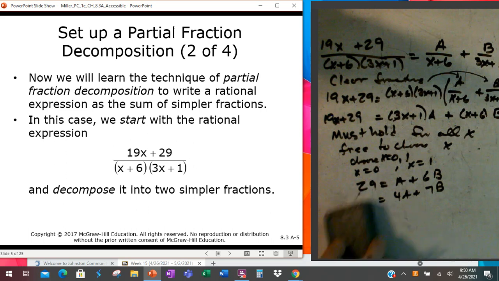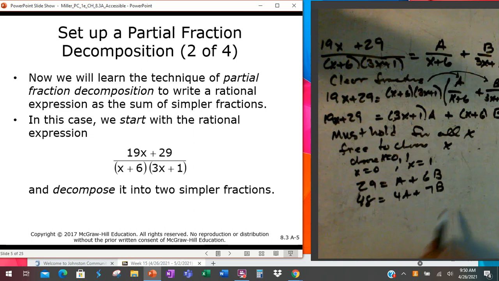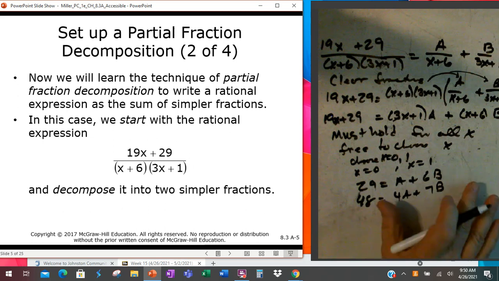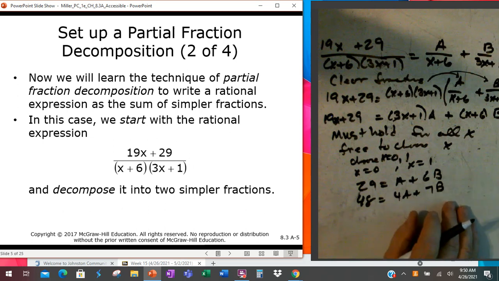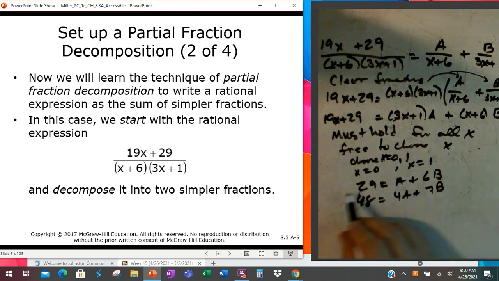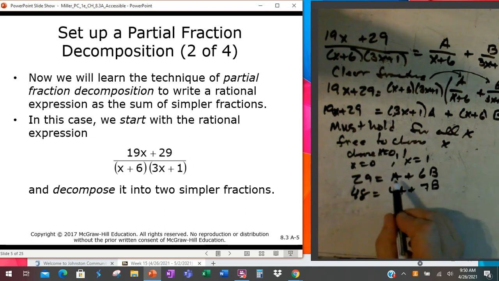Okay, so 48 is equal to that. And then we solve this. So I notice this is just a multiple of here. Here's 4a times this. Let's multiply this times 4 and then do a subtraction.